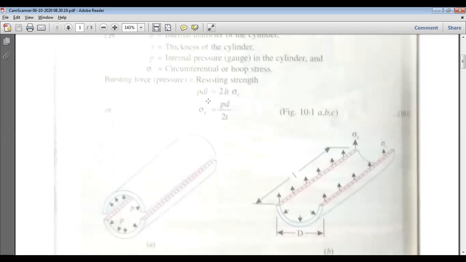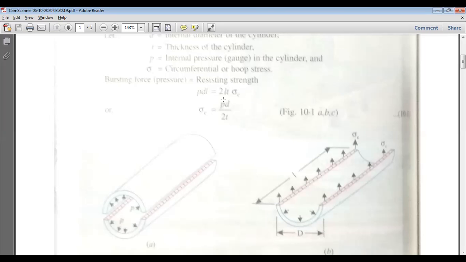Once we determine the resisting force, we will be able to define the pressure all along the length. So this way we find P into dl equals twice L into t into sigma C.